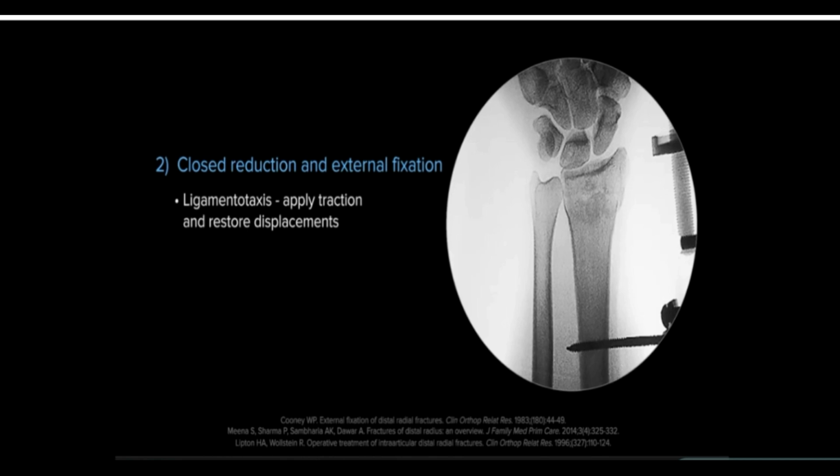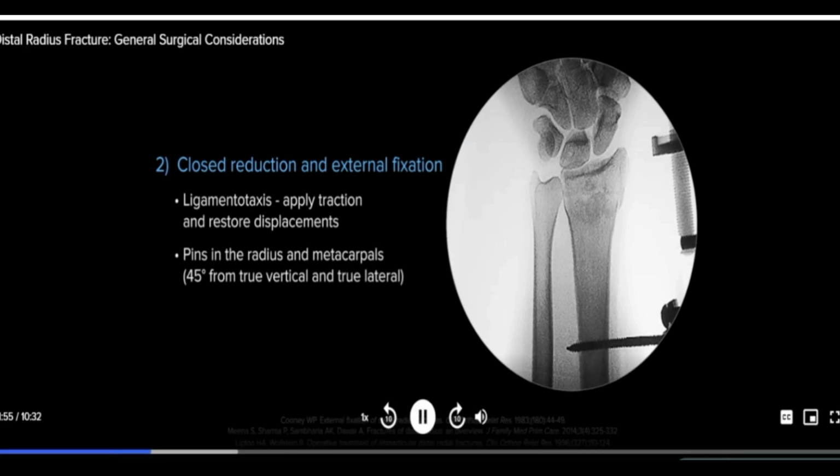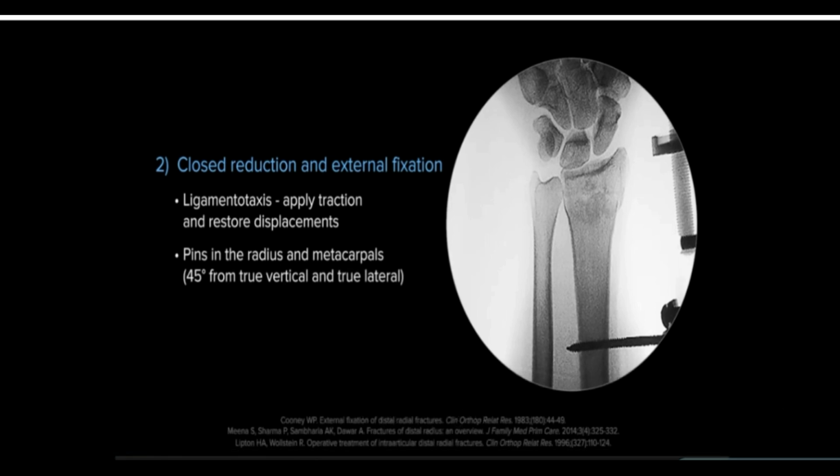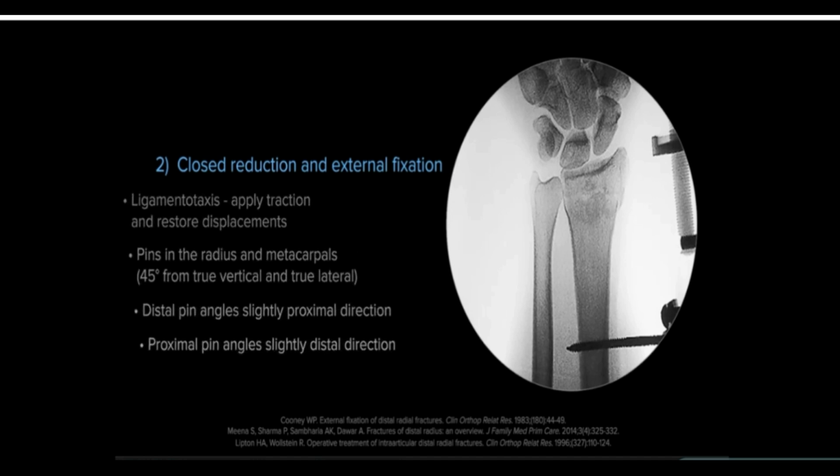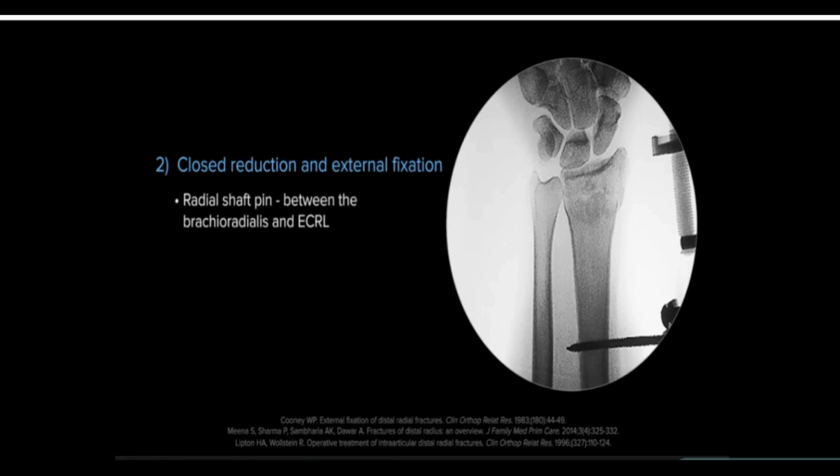The external fixator distracts the wrist joint by placing pins in the radius and the metacarpals in a 45-degree plane from true vertical and true lateral. The distal pin angles slightly proximal, and the proximal pin angles slightly distal. The radial shaft's threaded pin is placed between the brachioradialis and extensor carpi radialis longus muscles.